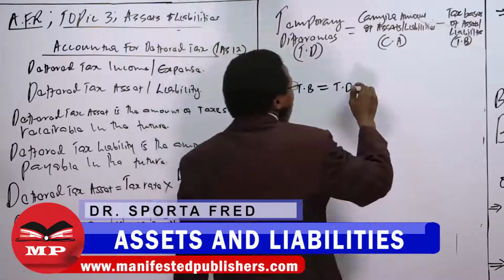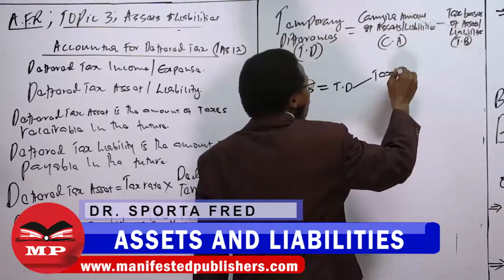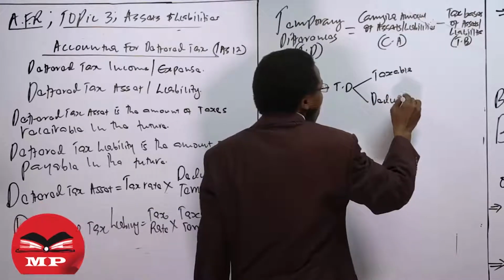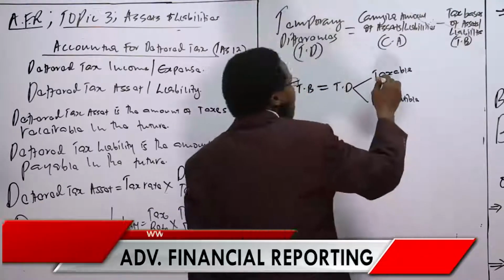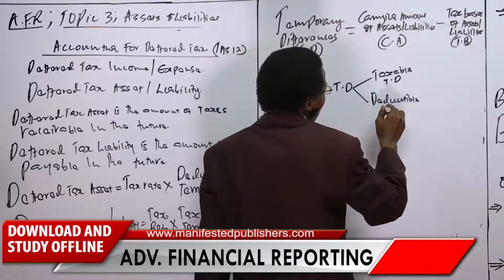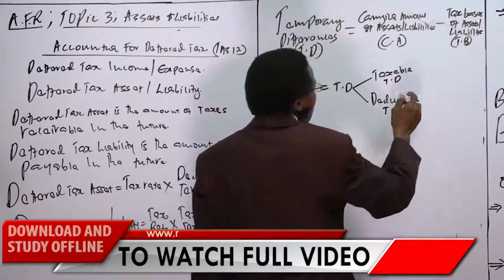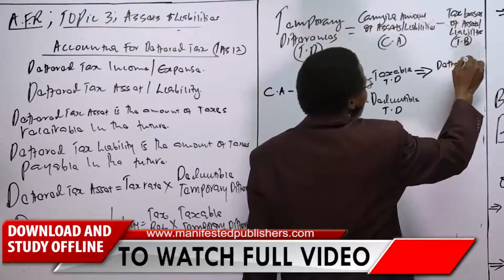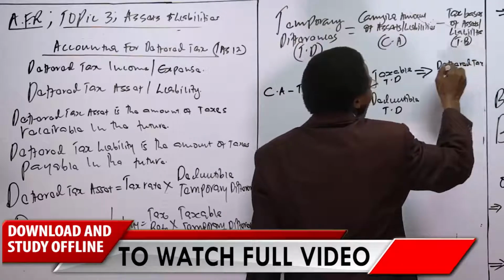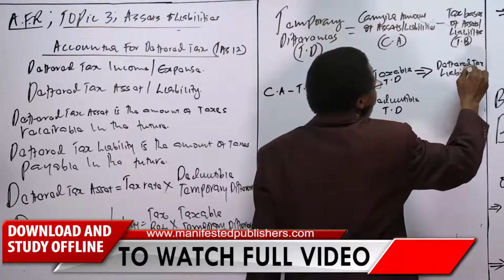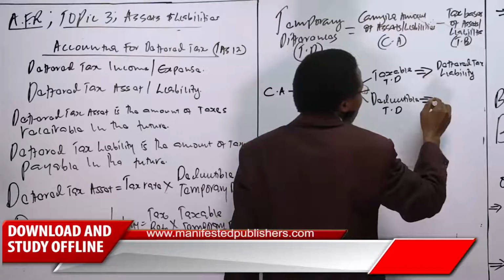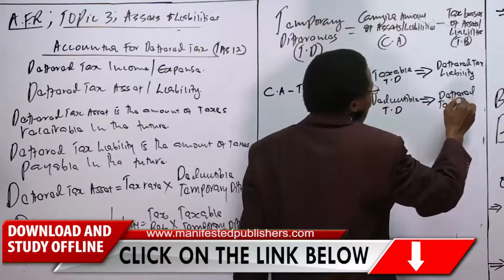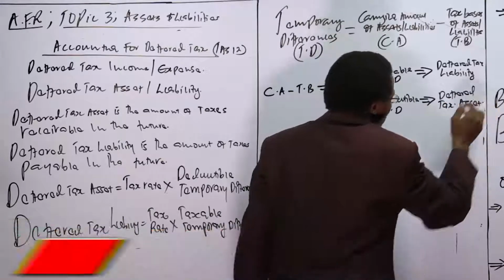This TD will either be taxable or deductible. The taxable TD will give rise to deferred tax liability, while the deductible TD will give rise to deferred tax asset. That's important.